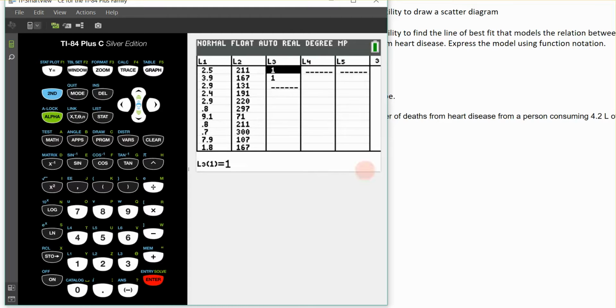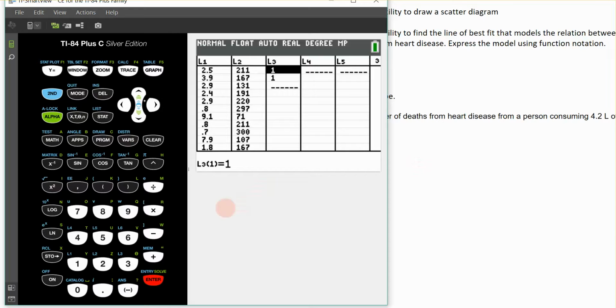Now your lists you should have L1, L2, L3, and so forth listed on this screen. You may or may not have data already populating the L1 and L2. I do already, but I want to show you how to get rid of that data if you want. So if you'll look at my L3 over here, I want to clear the data that is in the L3 column.